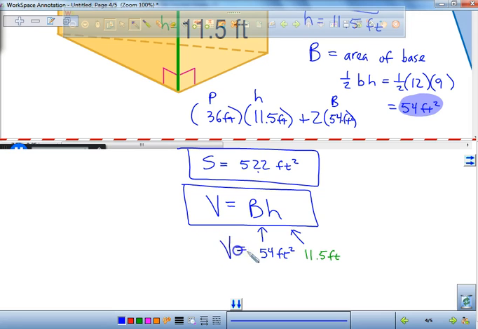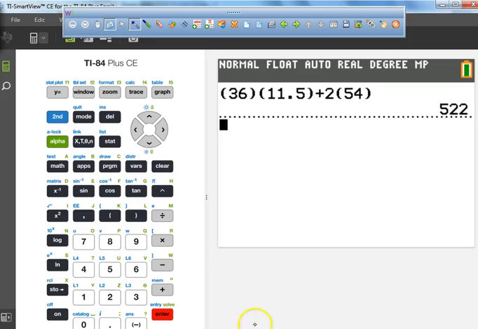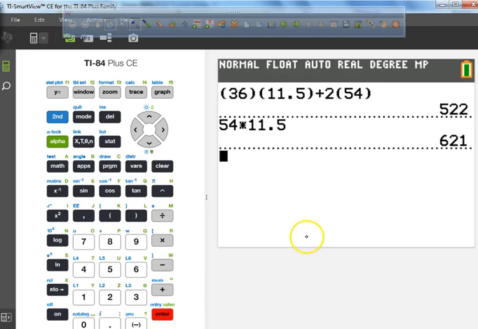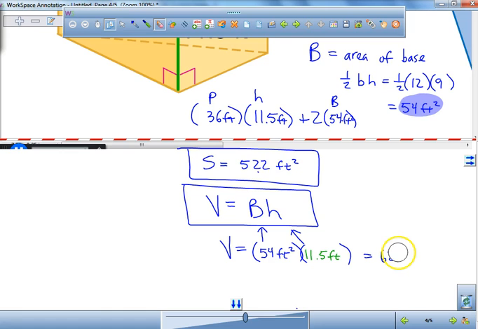So our volume is going to equal whatever this is times whatever this is. So here we go. Just type in 54 times 11.5. Press enter, call it a day, 621. Now what does that mean? That means it's 621 feet cubed, not feet squared.